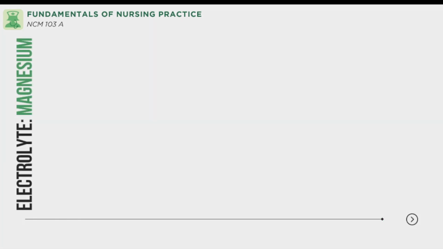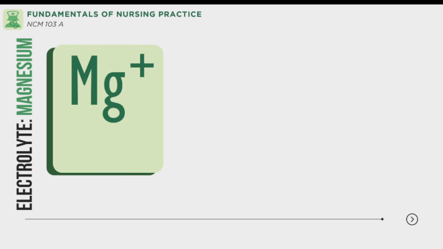Next, we have your magnesium. Magnesium plays a significant role in various processes in our body, and your kidneys are primarily the main organ responsible for regulating your magnesium level by excreting or reabsorbing it as needed to maintain balance.